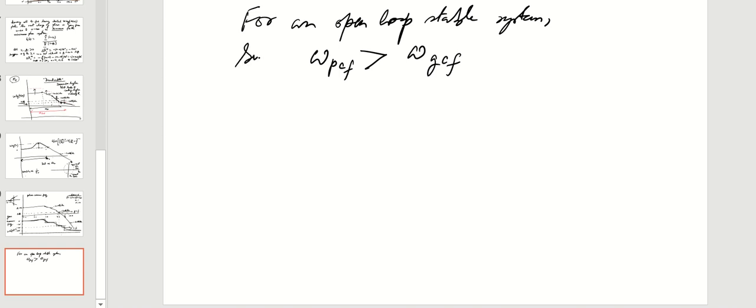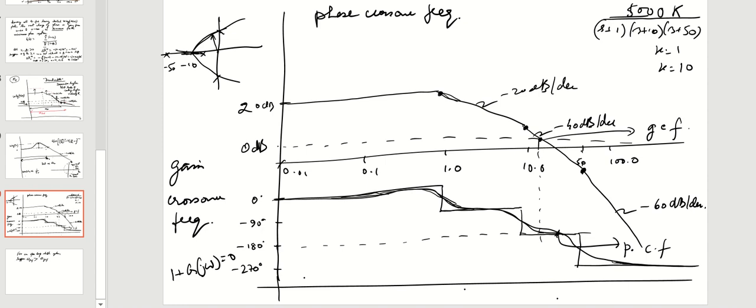Suppose this is the case. Then you can still keep increasing your gain, because if you increase the gain further, you're basically lifting this magnitude plot up and shifting the gain crossover frequency to the right.